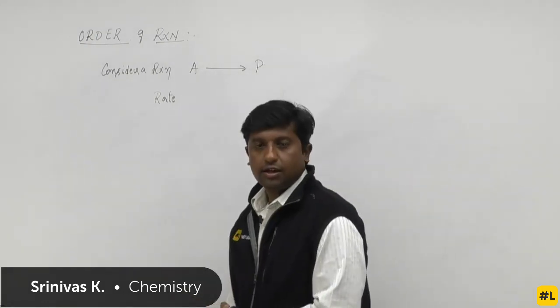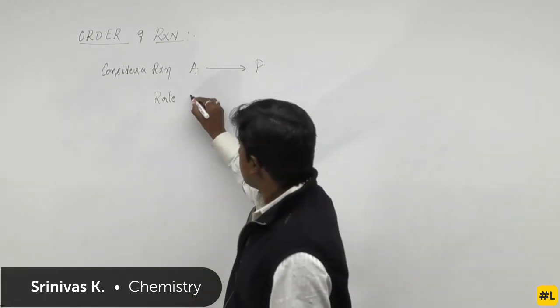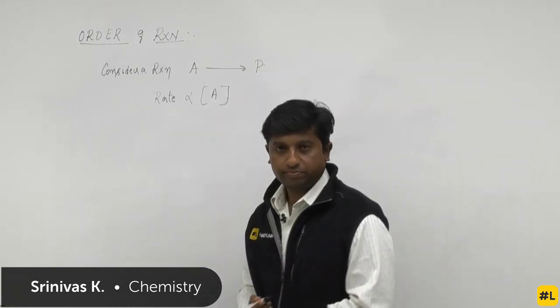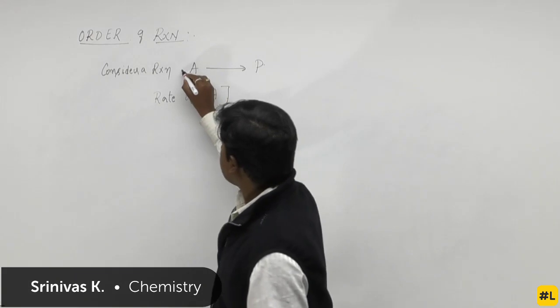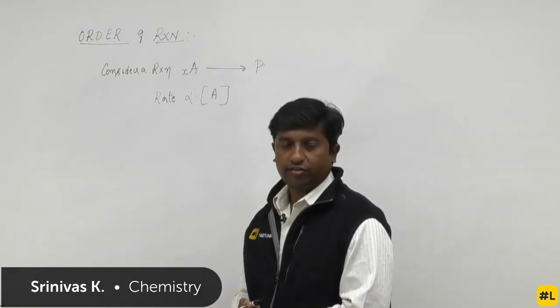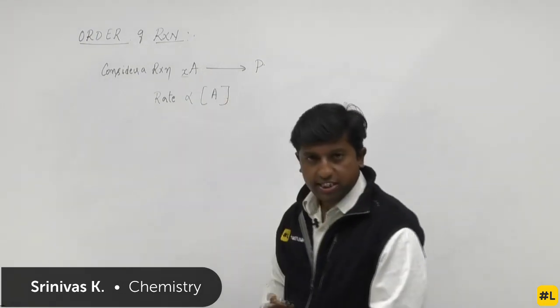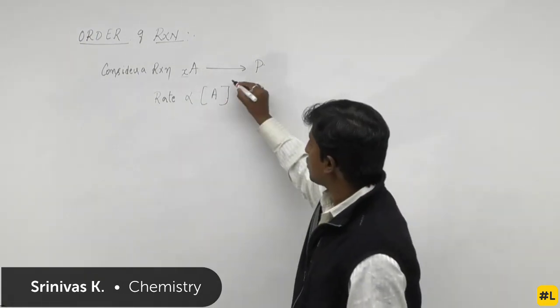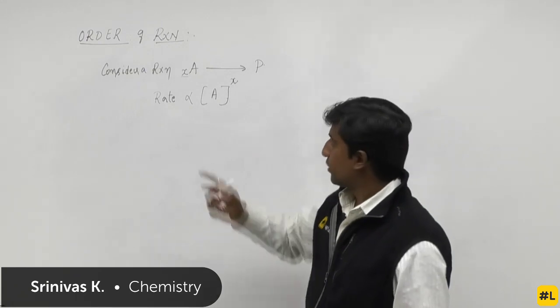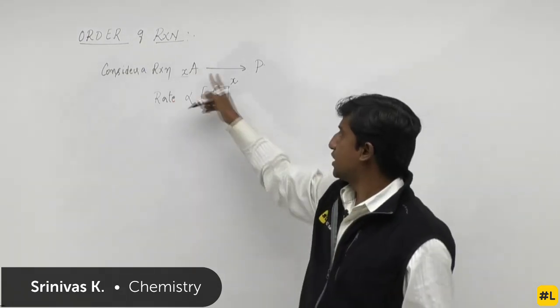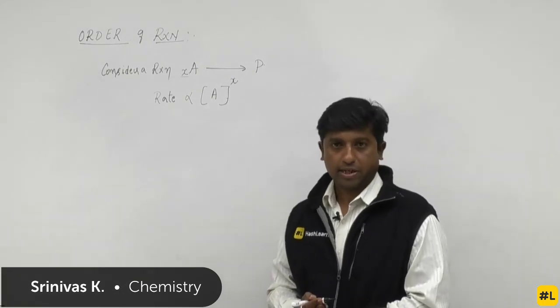We know that the rate of a chemical reaction is directly proportional to the concentration of reactant A. Let X be the concentration of reactant A. So the concentration term which is present in the equation should be raised to an appropriate power.